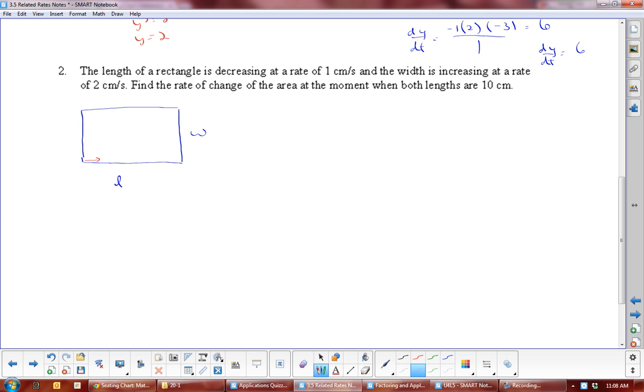This is getting smaller as this is getting bigger. And every second that goes by, the area changes. Now let's start just reading through our sentence, because something really important is going on here. And what variables do we know right now?